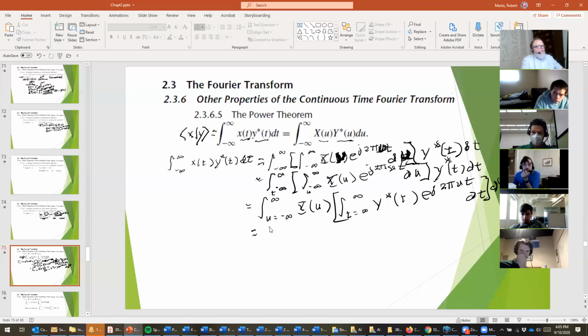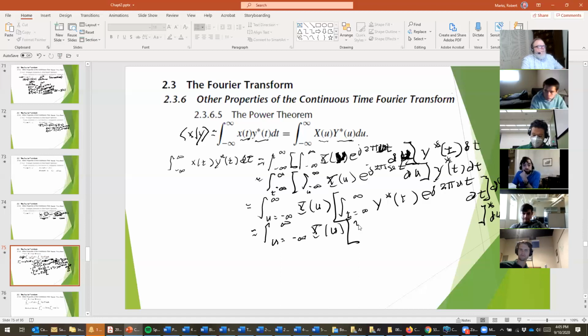So I've switched the order of integrations. And I get x of u. And I'm going to take everything in this bracket and I'm going to conjugate it.